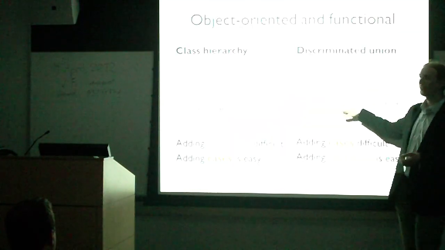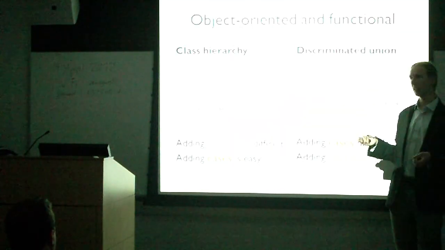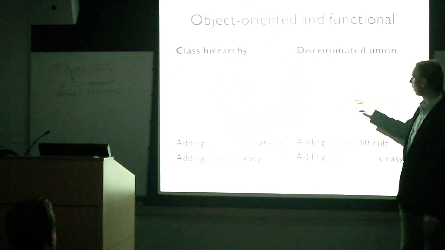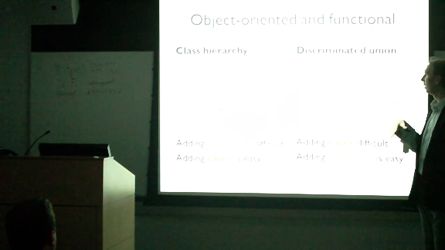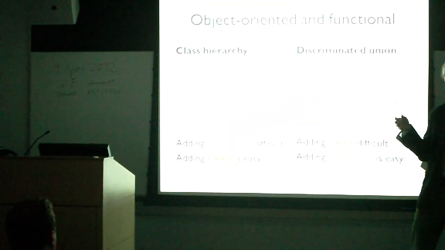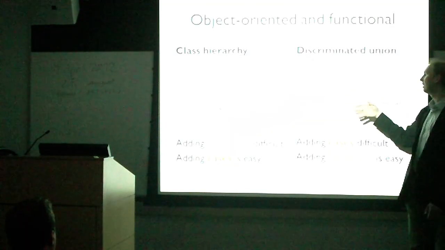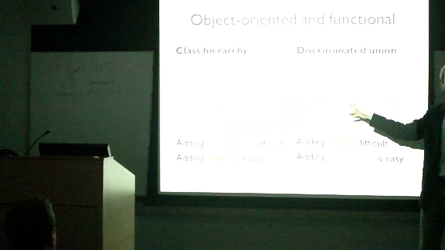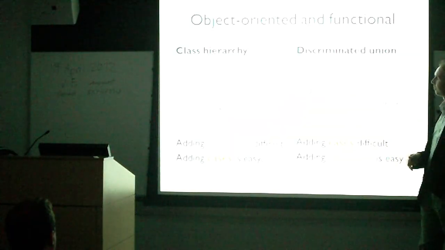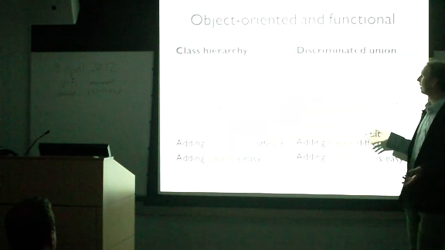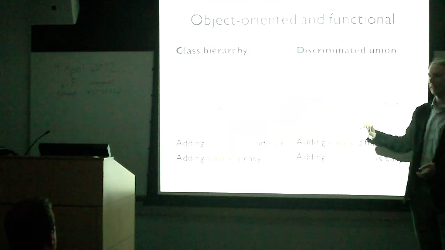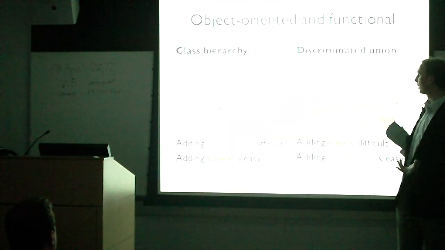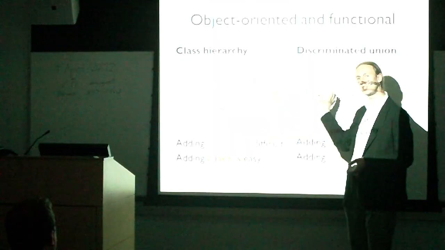But if you want to add a new case, then it's more difficult, because you have to modify all the functions that work with the schedule type, at least those that need to be defined for all of them. So, for example, if you wanted to get the next occurrence, you would have to modify the function to add the case. And the good thing about F# is that it gives you both.